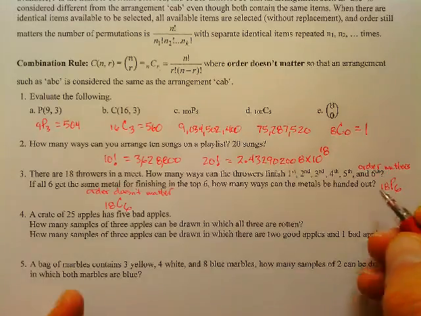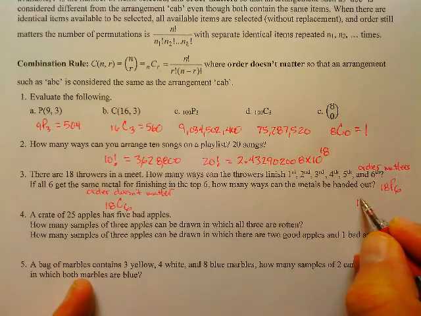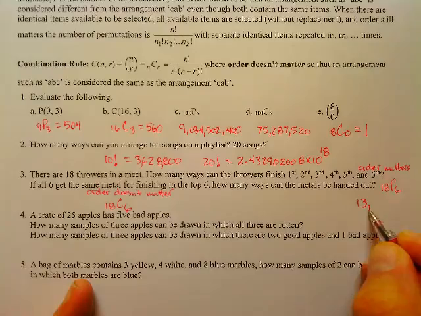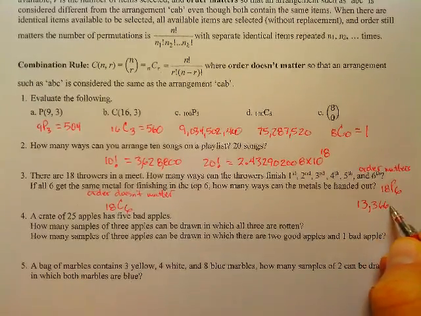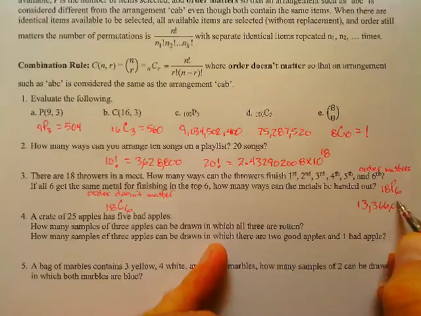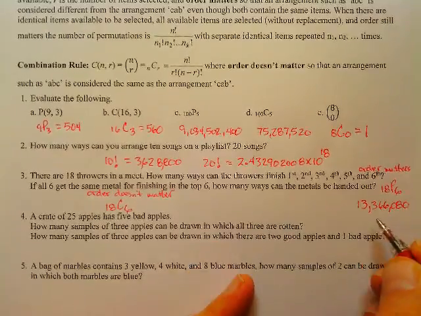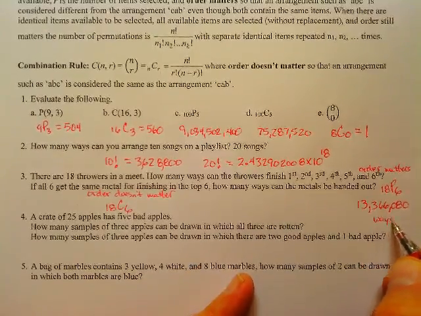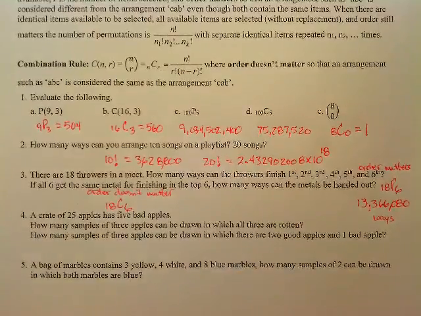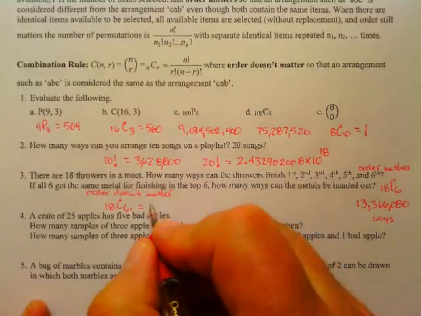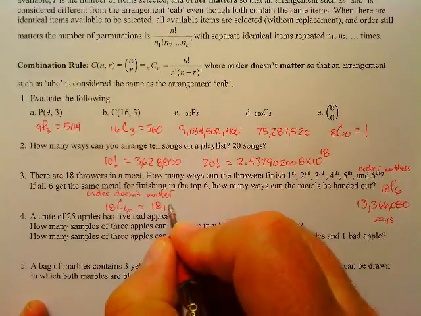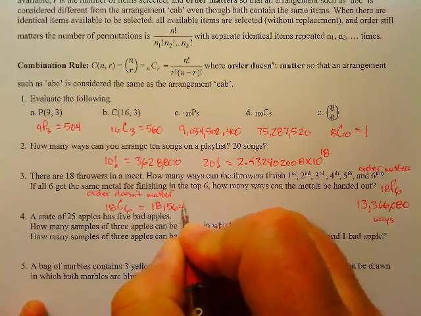turns out that there are 13,366,080 ways. And then over here, 18C6, there are only 18,564 ways.